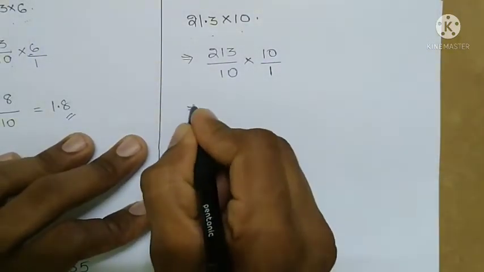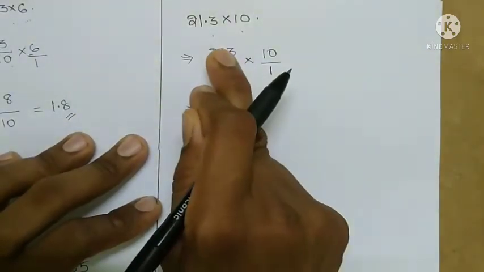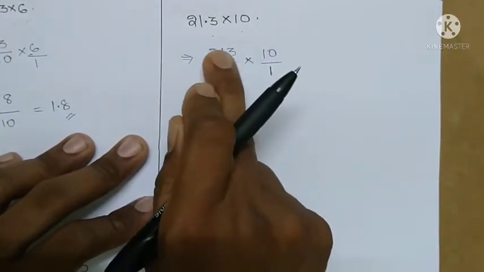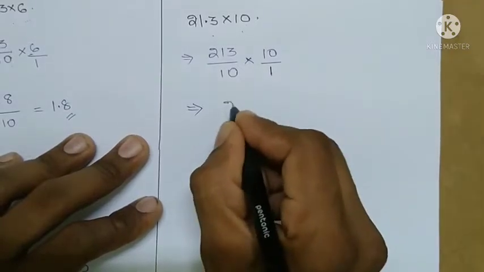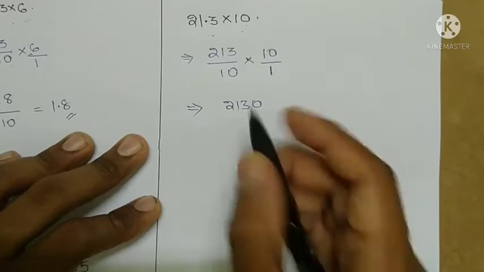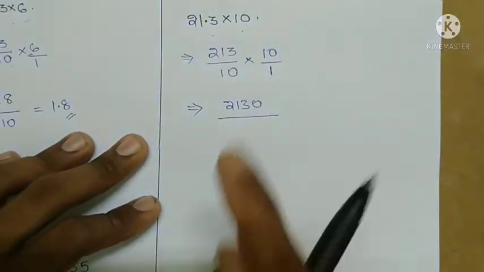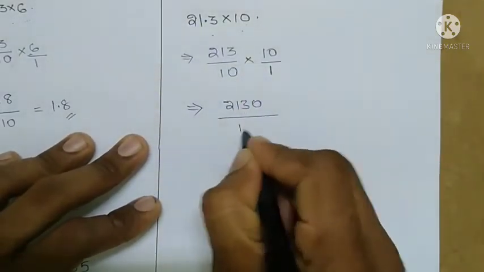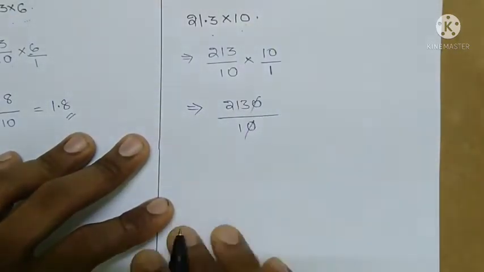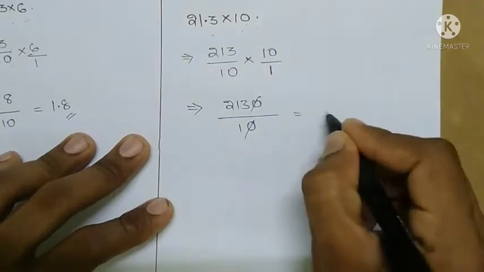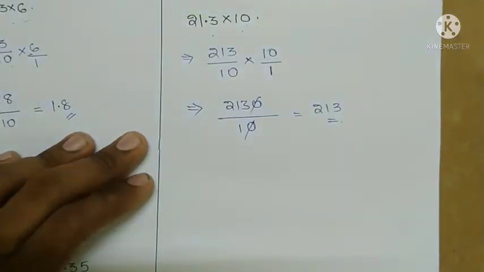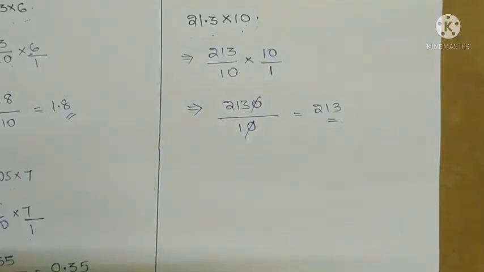So, in this fractions multiplication, we have to multiply numerators with numerator and denominators with denominator. So, 213 into 10 means 2130 by 10 ones are 10. So, here 10, 0 cancel. So, finally we can get 213 is your final answer. Okay, right.